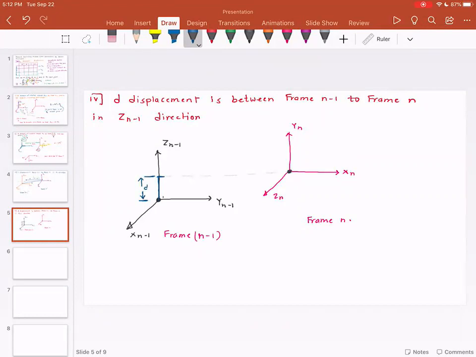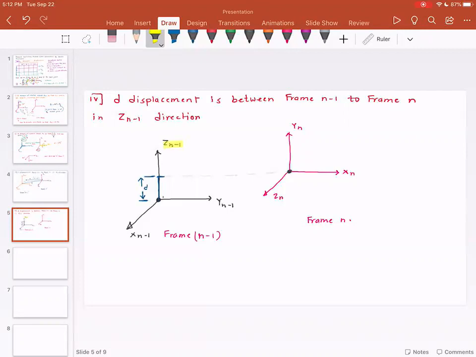So, and please understand, in this case, the distance is between n minus 1 and n frame, but you should be looking at the distance around about zn minus 1. If you go in the positive direction, as the same direction as zn minus 1, that's positive.